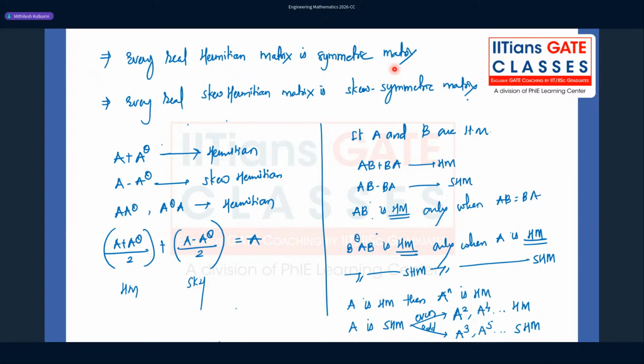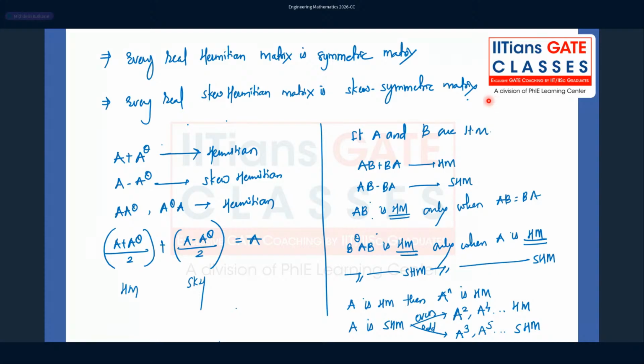Okay, please write down these notes. Every real Hermitian matrix is a symmetric matrix. Because if all the terms are real, then taking conjugate is not making any sense, so you are only taking the transpose. So it's a symmetric matrix. And every real skew Hermitian matrix is a skew symmetric matrix.